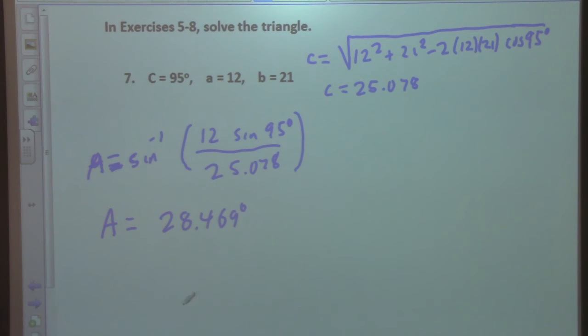That's degrees, okay? So you got little c, you got big A, what else do you need? You need big B, right? Yeah. And that's going to be 180 minus 95 minus 28.469, and we got 56.531.